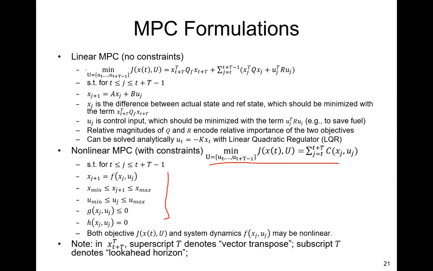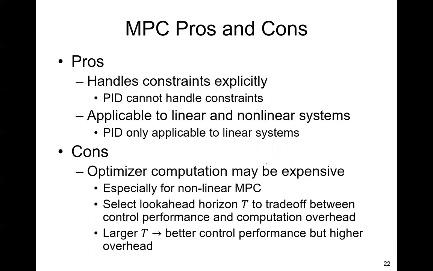If it's a linear MPC, it's very efficient. If it's non-linear MPC, then it's more computationally expensive. The pro is that you can handle constraints explicitly, and it's applicable to linear and non-linear systems. The con is that computation is expensive.